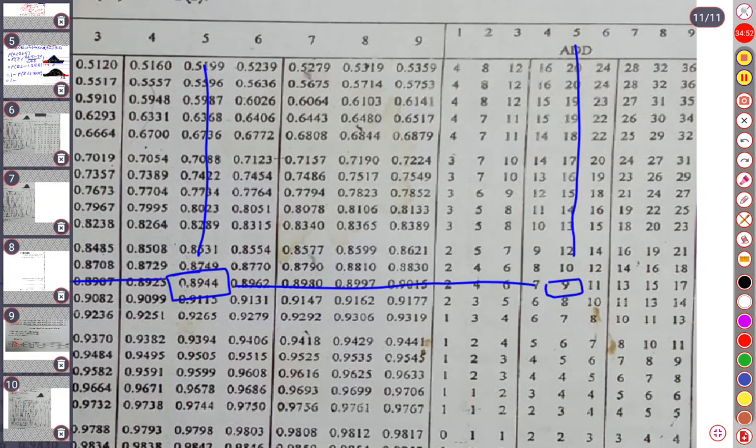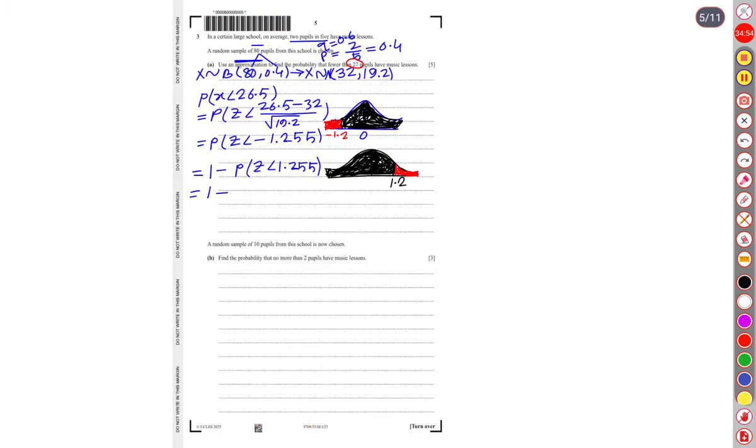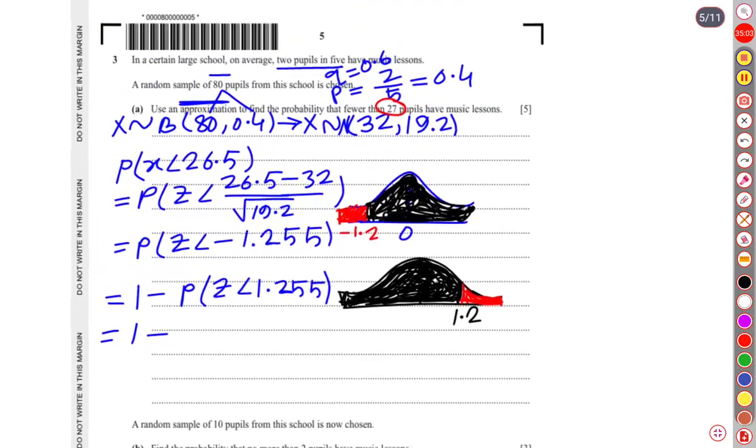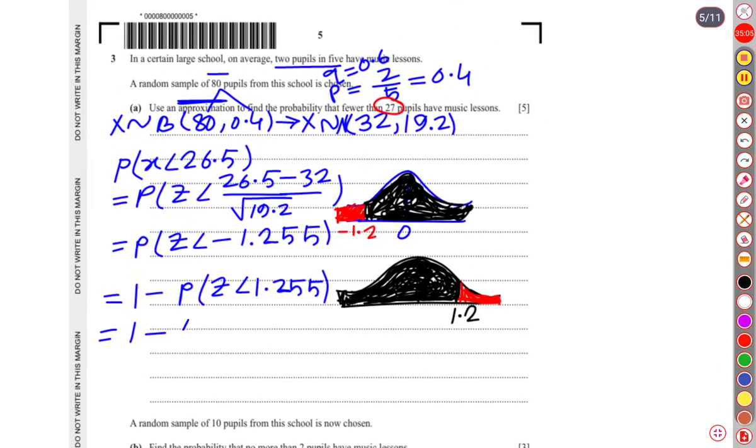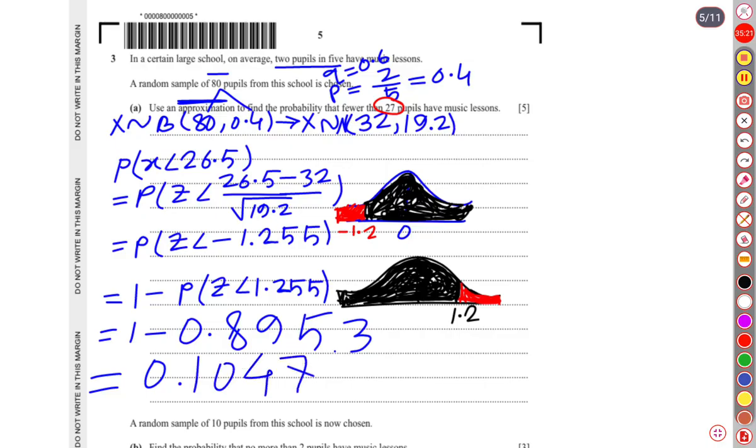Let us write it over here. Our corresponding probability when the z score is 1.255 is 0.8953. After subtraction from 1, we get 0.1047. This is our approximated value.